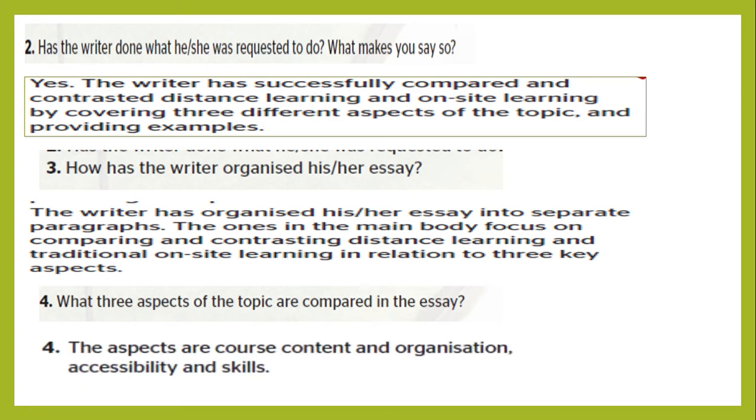The aspects are course content and organization, accessibility, and skills. These are the 3 aspects that the writer discusses in each main body paragraph. Course content and organization, accessibility, and skills.